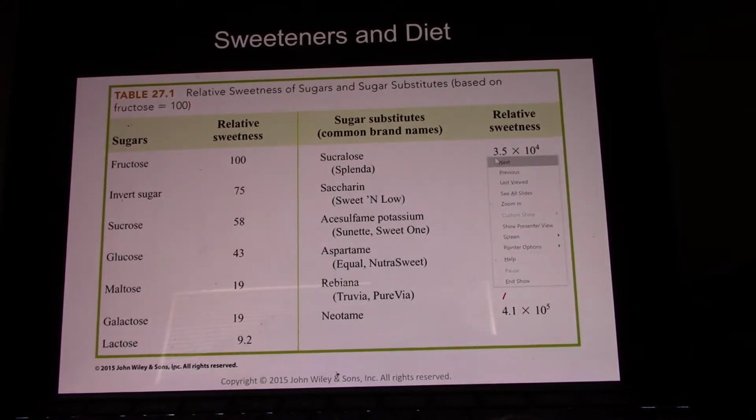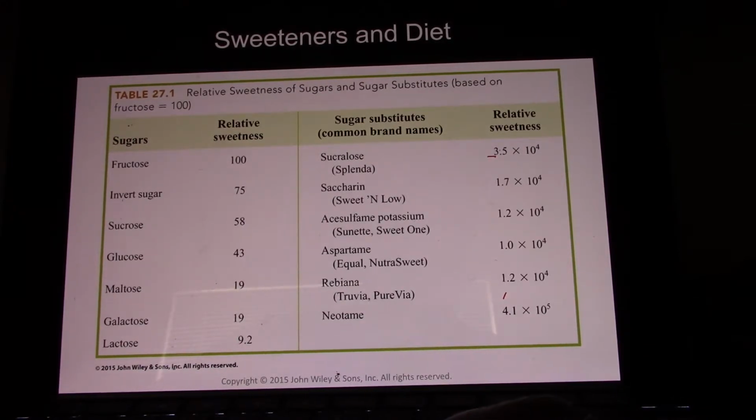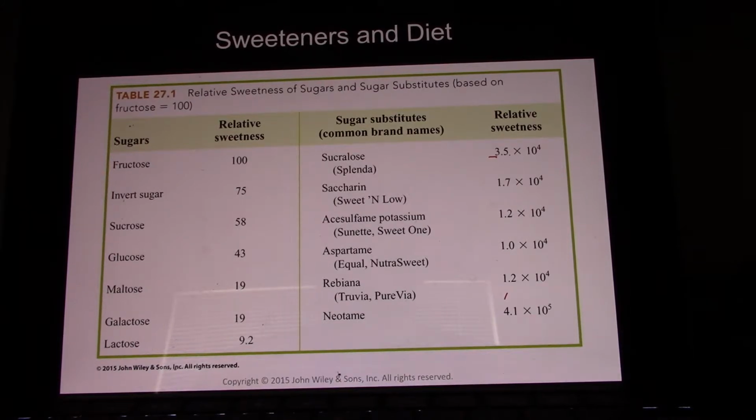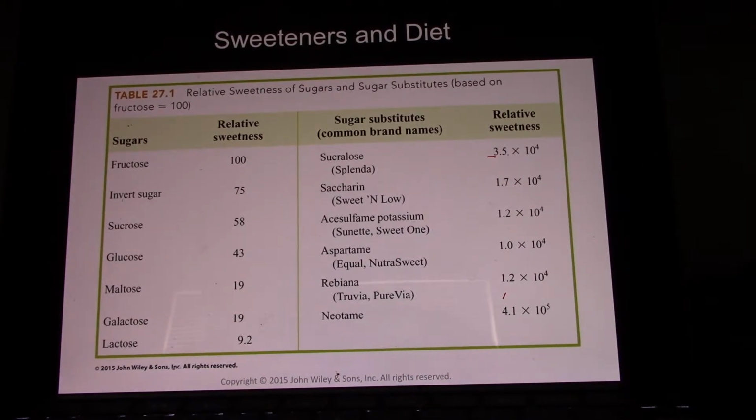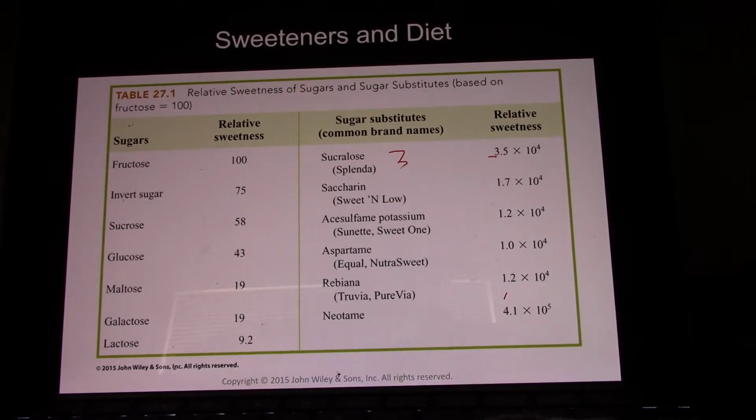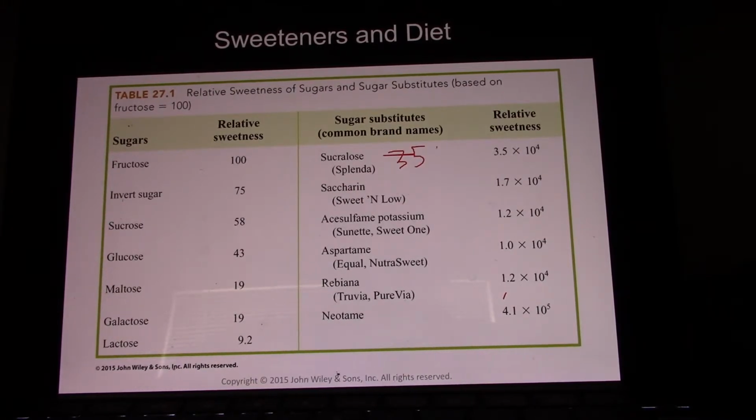Sucralose is 35,000. So if fructose is 100 and sucralose is 35,000, it's 350 times sweeter. And so sucralose is 350 times sweeter than fructose.